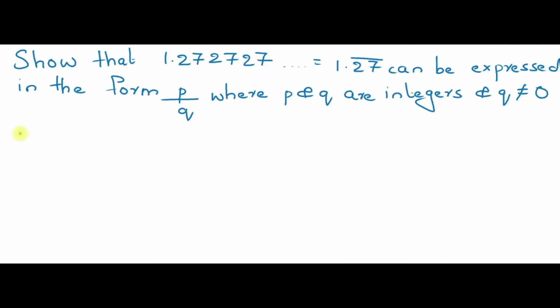Show that 1.272727, repeating, equal to 1.27 bar, can be expressed in the form p by q, where p and q are integers and q is not equal to 0. That means you have to prove that 1.27 bar is a rational number.